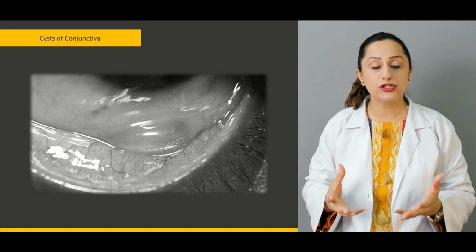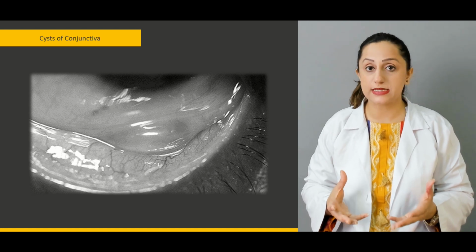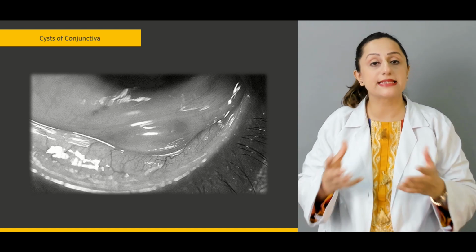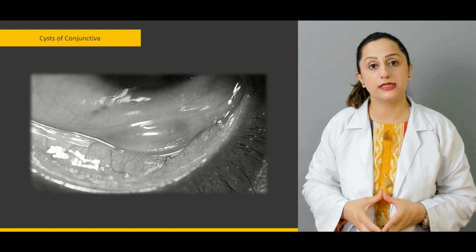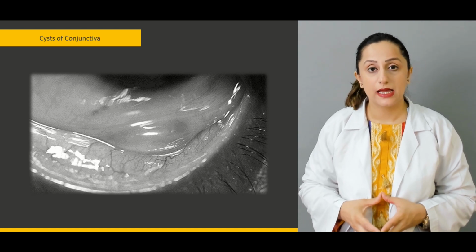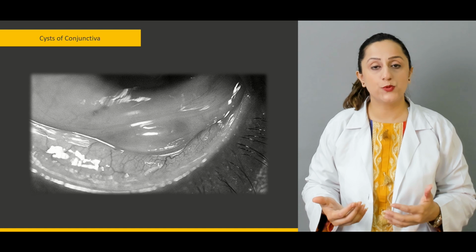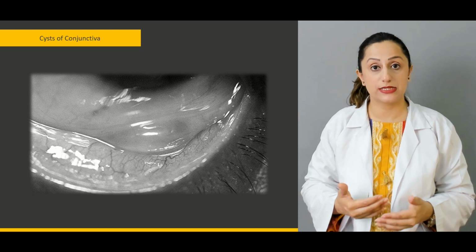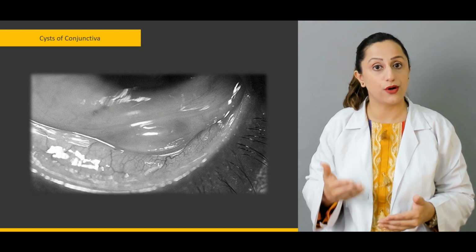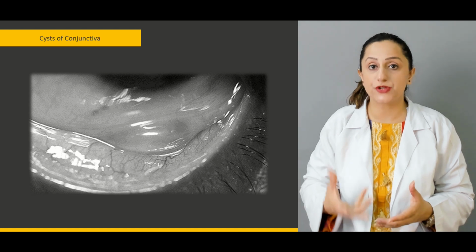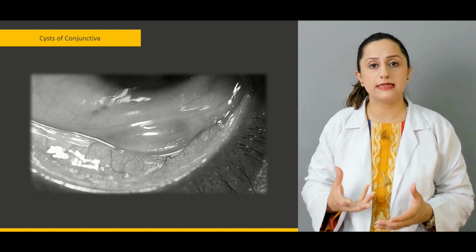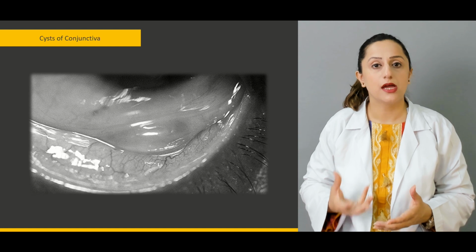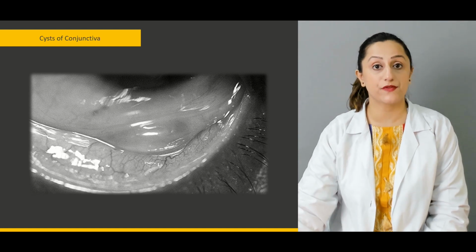On examination, there would be features that reveal the particular site of the cystic lesion in this patient. On one hand, we'd be noting whether the patient has the cystic lesion or not, and on the other hand, we'll observe whether there are signs of irritation in the rest of the conjunctiva.